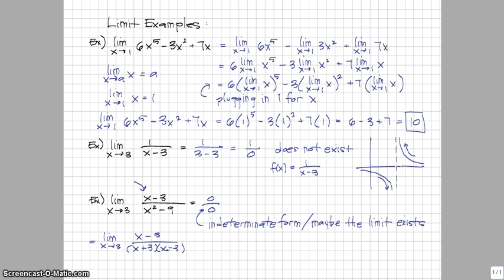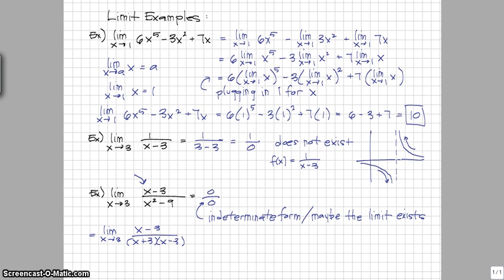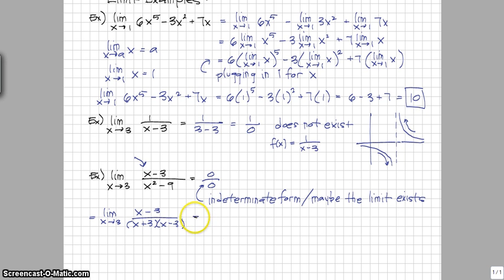Now the thing that's not immediately clear is that we can continue through this process to say that the limit as x approaches 3 of what we have here is actually equal to the limit as x approaches 3 of 1 over x plus 3. In other words, the x minus 3 in the numerator and denominator can cancel, and we still have an equivalent limit.